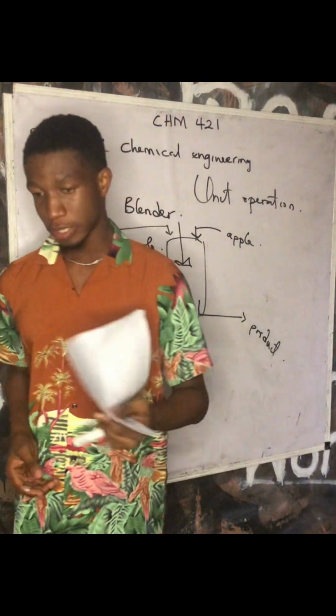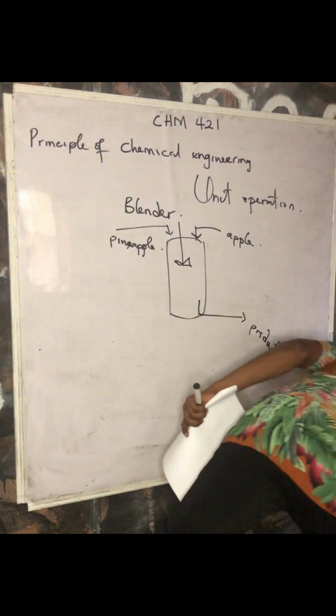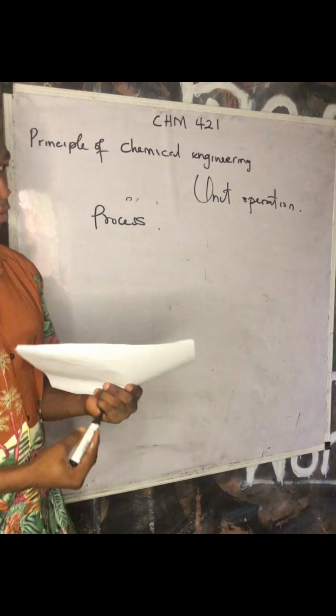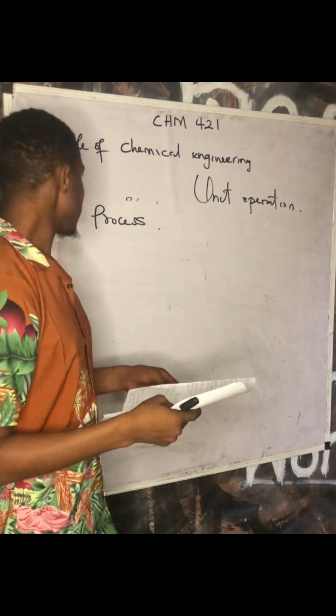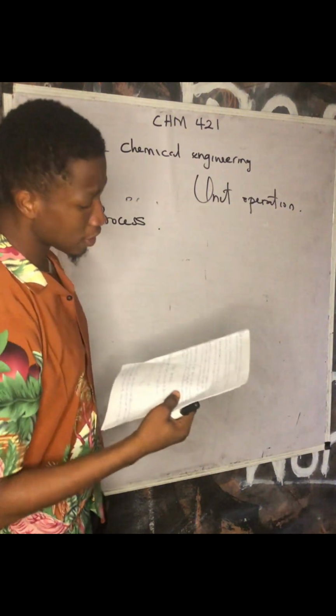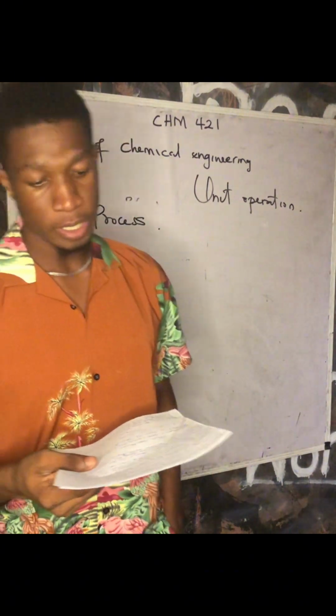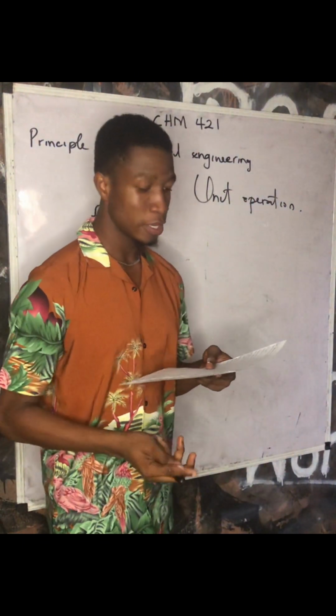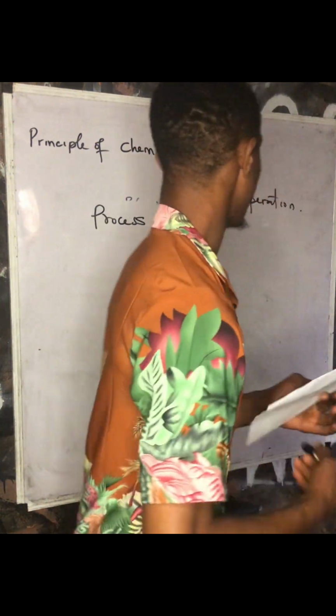Now, this brings me to the next question. Not really a question, but let's look at this together. What is a process? A lot of us have heard the word process. A process is any operation or series of operations that causes physical or chemical changes in a substance or mixture of substances.